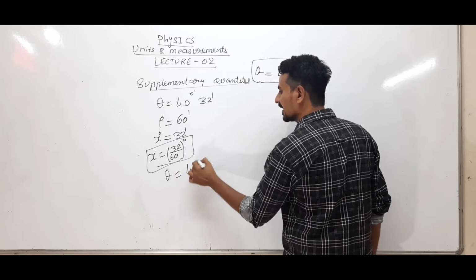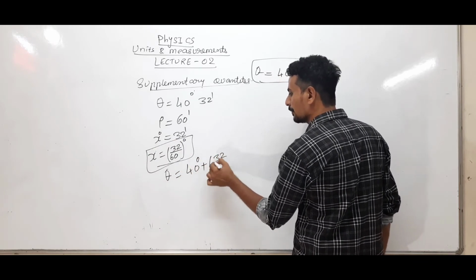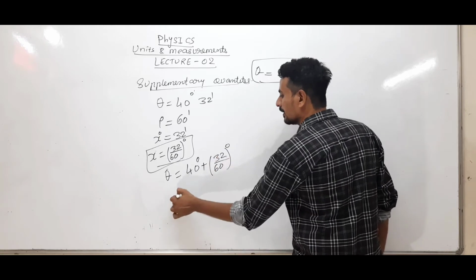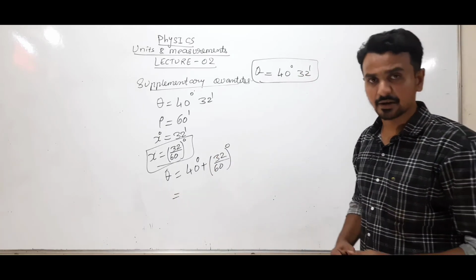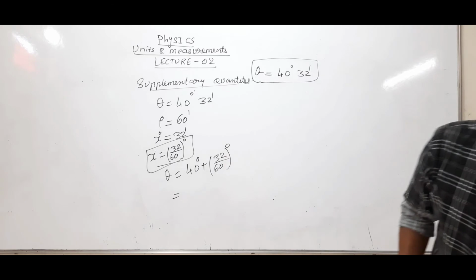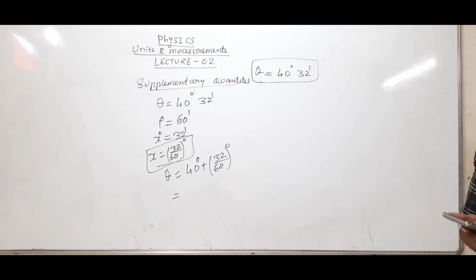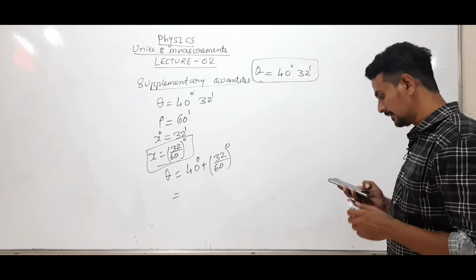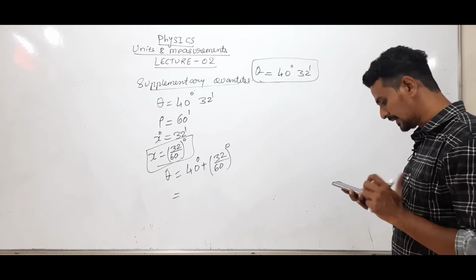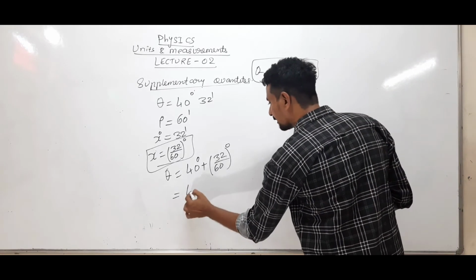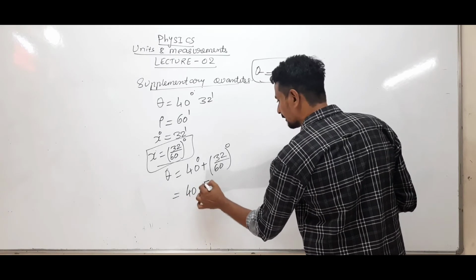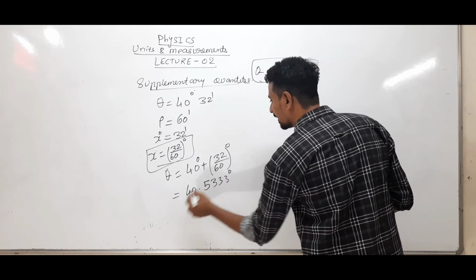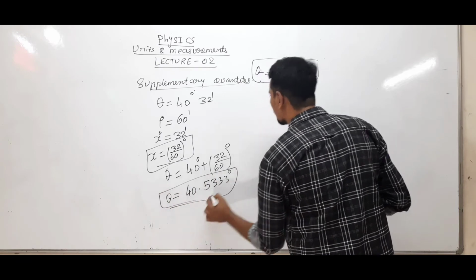Theta will be 40 degree plus 32 divided by 60 degree. Degree and degree can be added up. 32 by 60 is 0.5333 plus 40. So finally theta is 40.5333 degree. This is your theta.